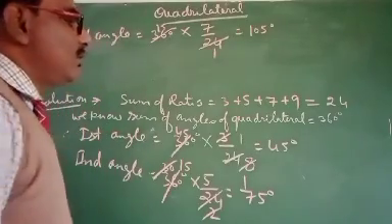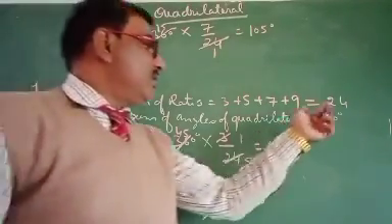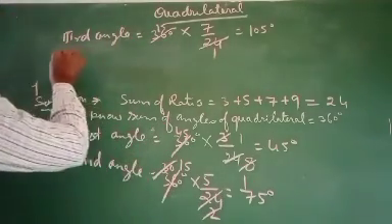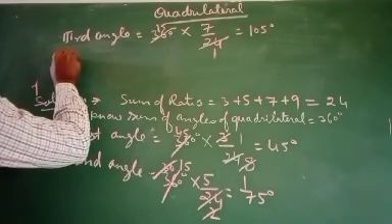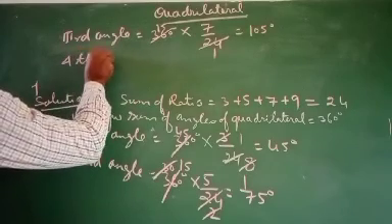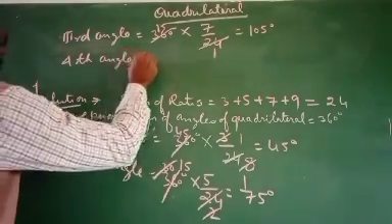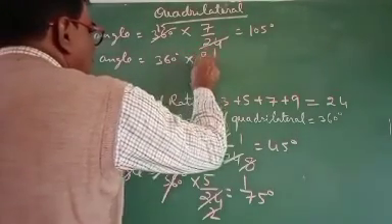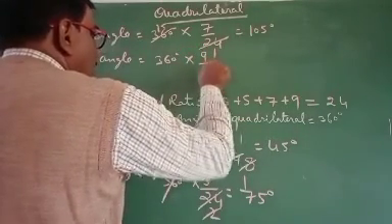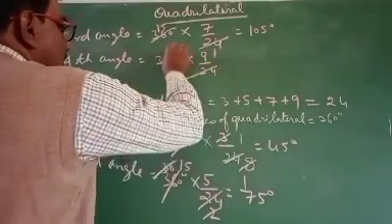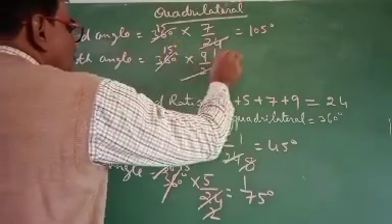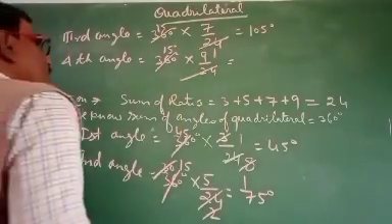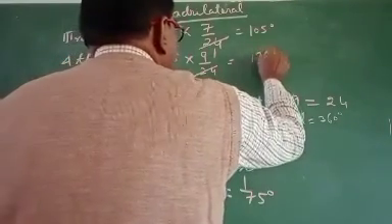Now we have to find out the fourth angle. The ratio of the fourth angle is 9. So the fourth angle equals 360 degree multiplied by 9 by 24. 360 divided by 24 is 15, and 15 multiplied by 9 is 135 degree.